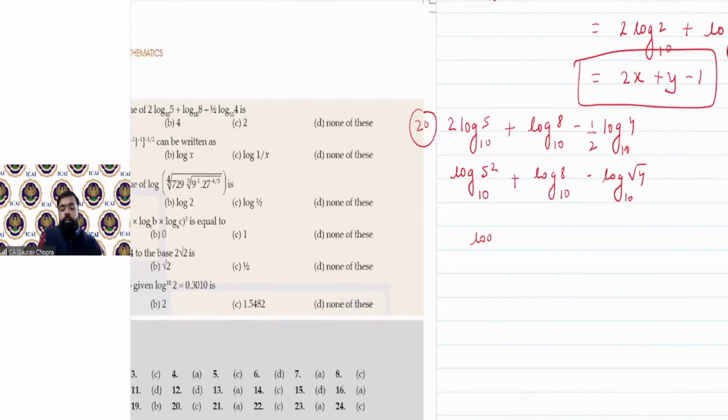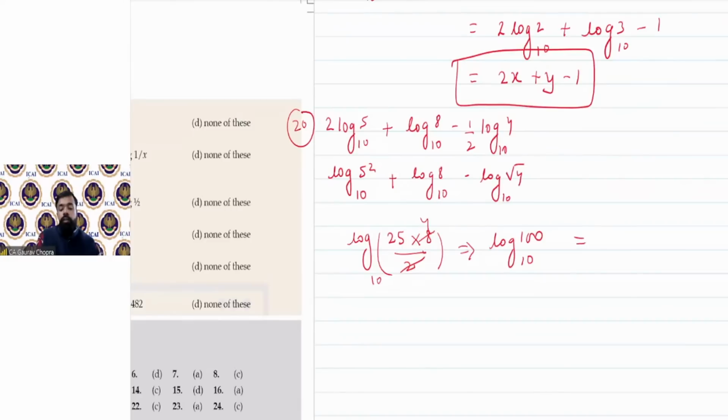So it will become log of 25 is positive, 8 is positive, root 4 is 2, it will go into the denominator, and base 10. So what is left? Log of 100 base 10. It can be written as 2 log 10 base 10. So the final result will be 2.